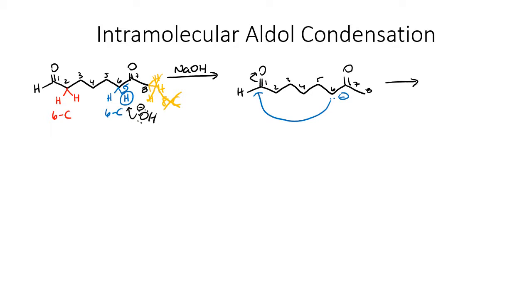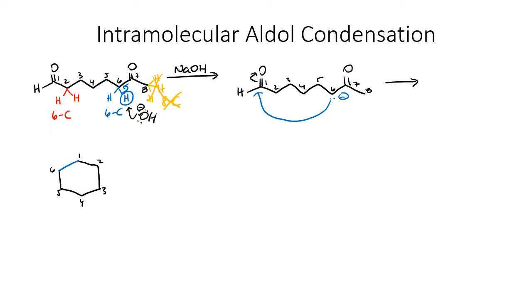Now at this point we'll have formed our 6-membered ring. And we have a new bond between carbon 6 and carbon number 1.